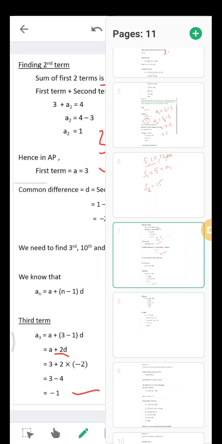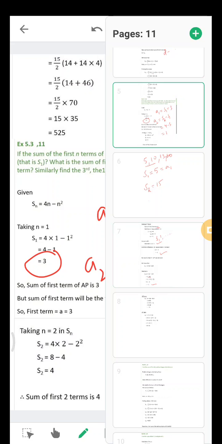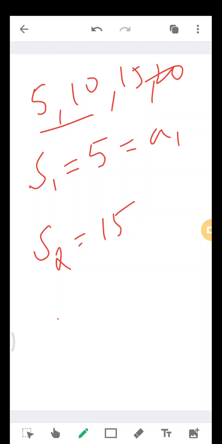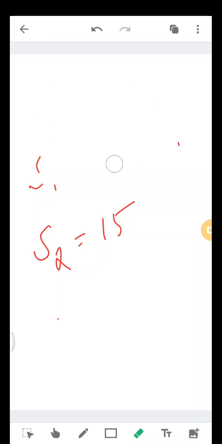So this is one of the most important questions. Always remember, if you have a series, any series, let me give you another example for s of n question. Whenever s of n is given, you should find s1, s2.